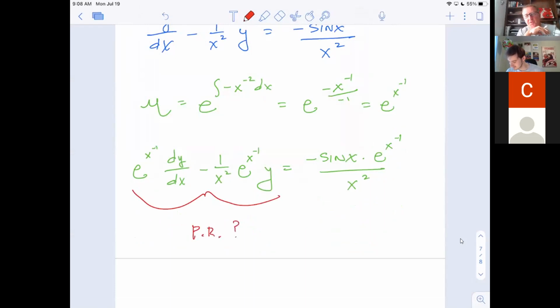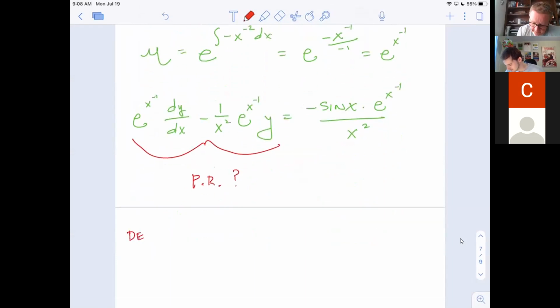Did that actually work? Did the mu thing work? Is that the product rule sitting over there? Because I find myself going, I don't know. Take the derivative and find out. Let's take the derivative of e to the x to the negative 1 power. Well, the derivative of e to the junk is e to the junk, right? But what does the chain rule say?